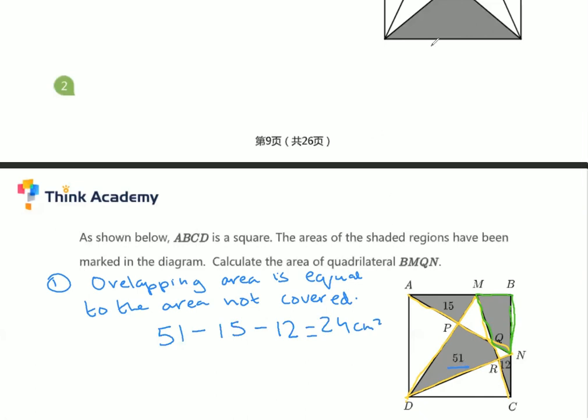What I'll do over here for you all is just kind of mark what's not covered in green so that you're able to see very, very easily. Okay, so over here we know that that 15 plus 12 plus BMQN had to equal to 51 centimeters squared, which was indeed the overlapping area. So our answer is 24 centimeters squared.